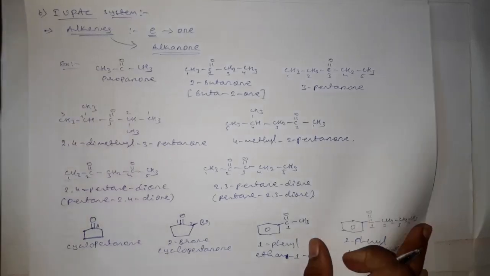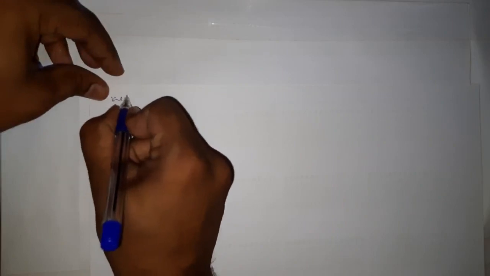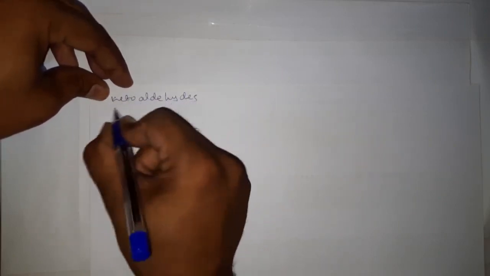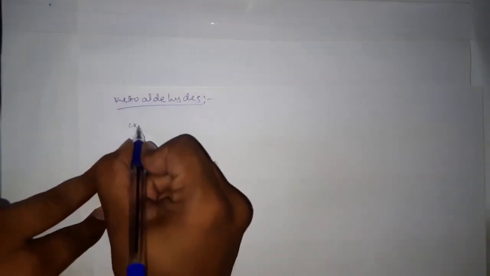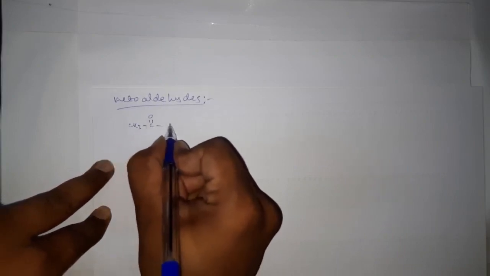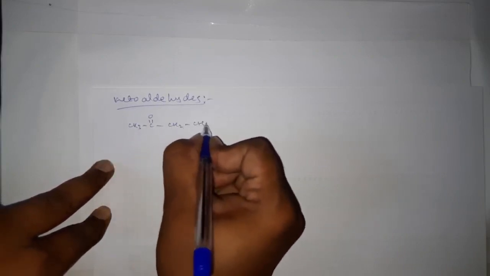Okay, then if both aldehyde and ketonic groups are there in a single compound, that means if ketoaldehydes are there, that means both aldehydic and ketonic groups are there in the same compound, of this type.